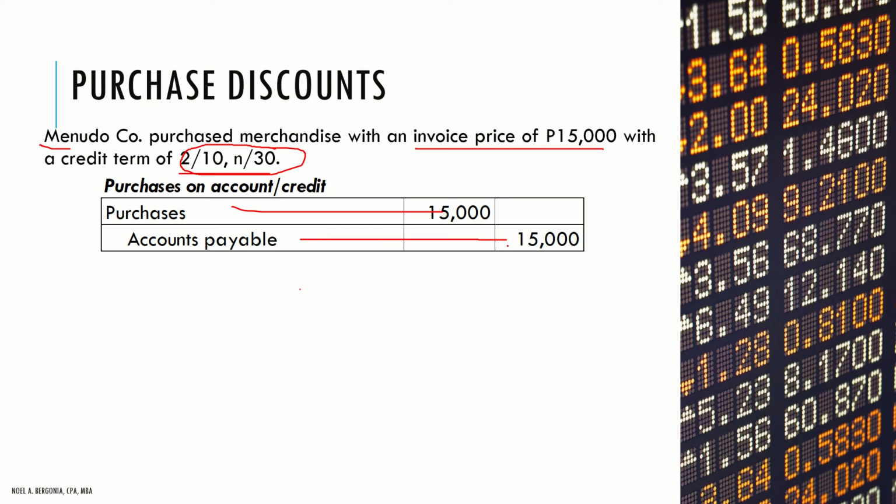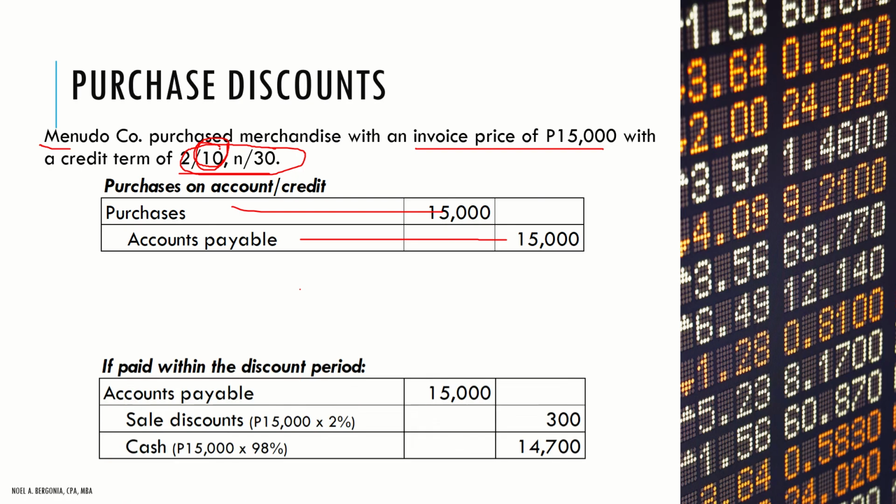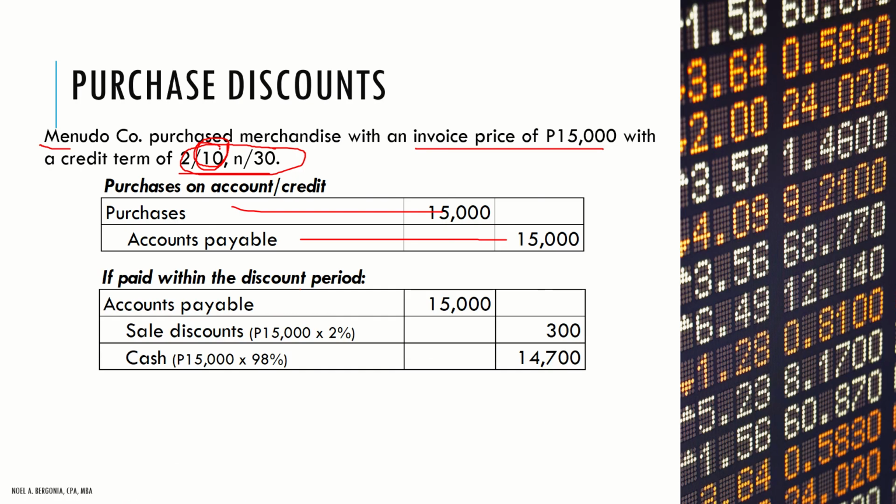Now, our entry will vary after the date of purchase if we, the buyer, have paid within 10 days. Because within 10 days, if we the buyer pay it, then we will avail the 2% discount. If we have availed and paid it within the discount period, our entry of course would be: we debit accounts payable, our debt of 15,000.